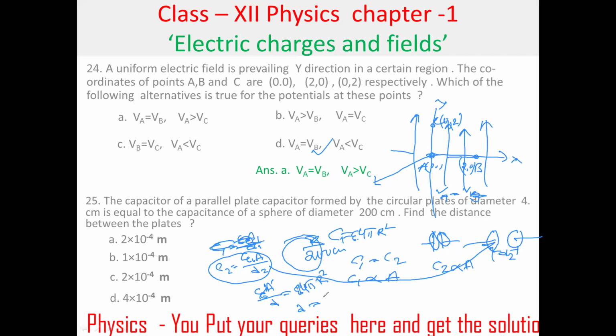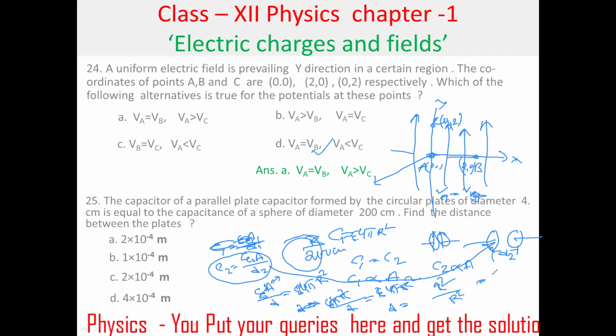In place of A you can write pi r square. So pi r square by D equal to epsilon naught 4 pi r square. Here pi cancels, epsilon cancels, and D would be equal to small r square by capital R square.